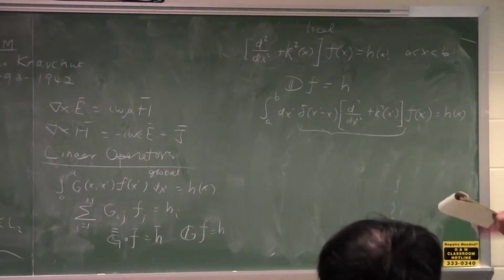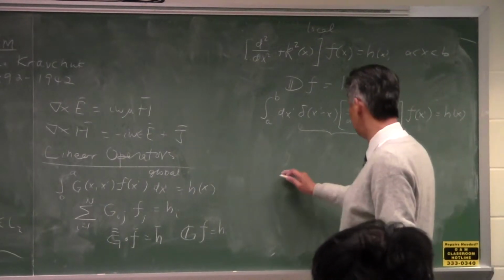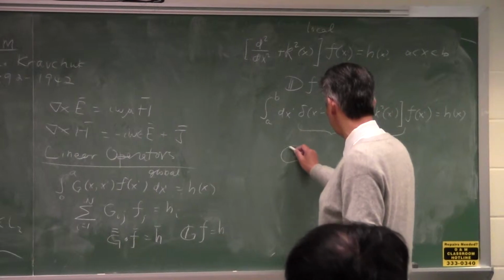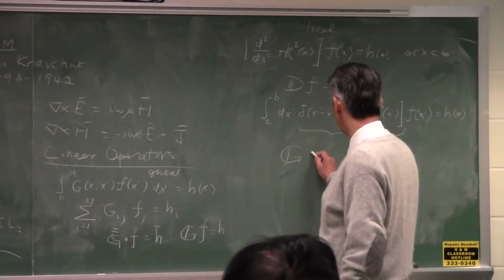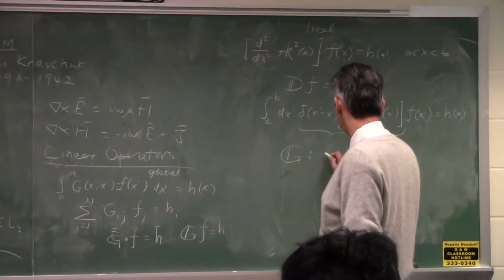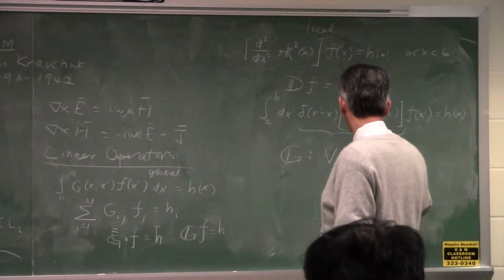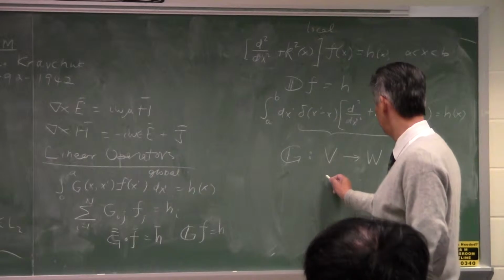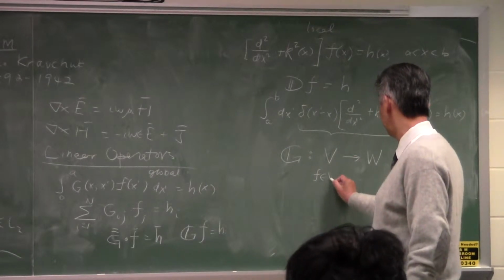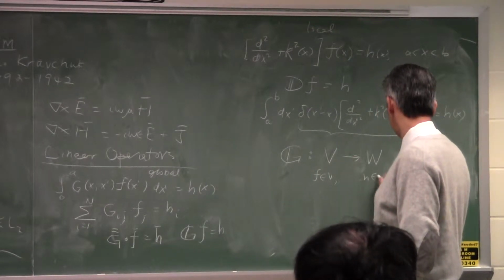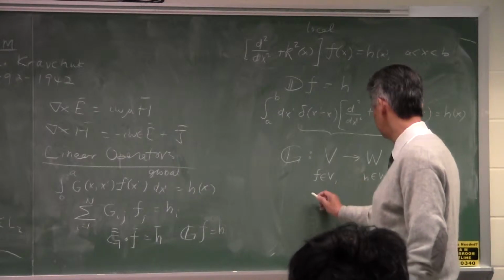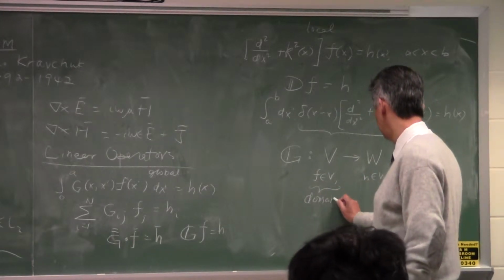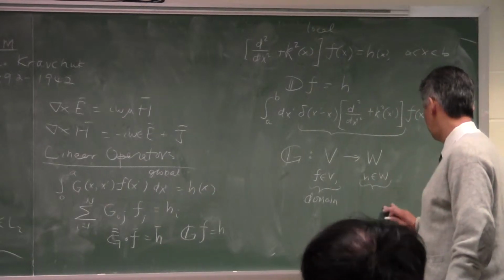And then you should learn the concept of range and domain. An operator G is something that maps some vectors from V to W, where F is a member of V and H is a member of W. V is called the domain, and W is called the range.